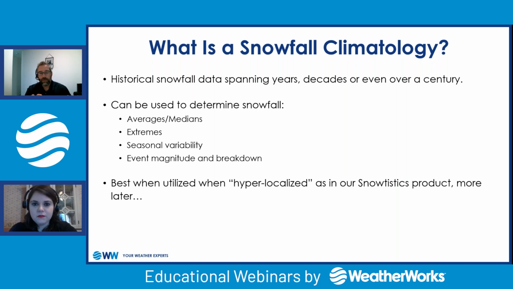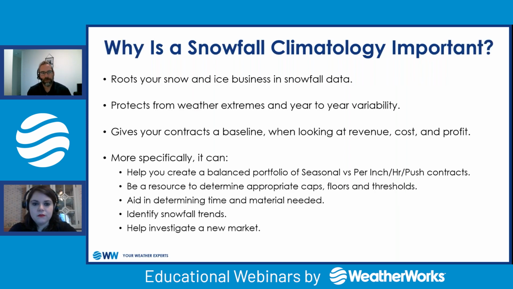All those things are part of a snowfall climatology, and it's best when utilized with a hyper-localized product like our Snowtistics reports, which we'll have more on a little bit later on here in the webinar.